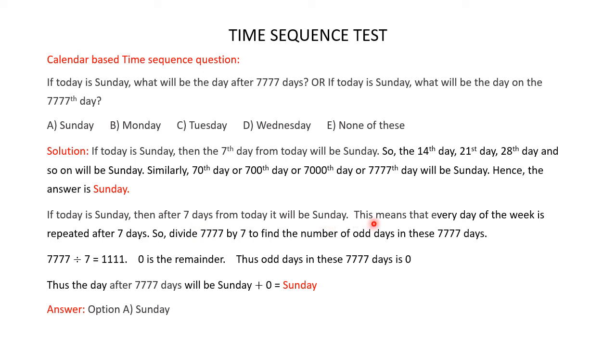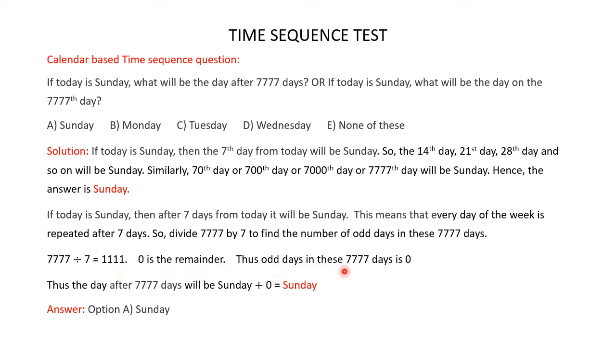This means that every day of the week is repeated after 7 days. So divide 7,777 by 7 to find the number of odd days in these 7,777 days. So 7,777 divided by 7 is 1,111 and 0 is the remainder.